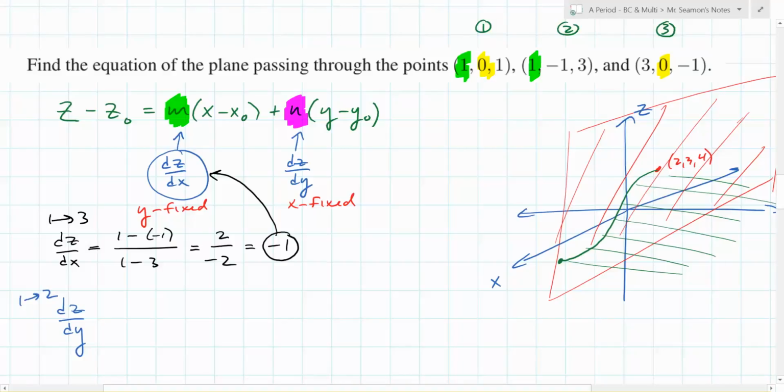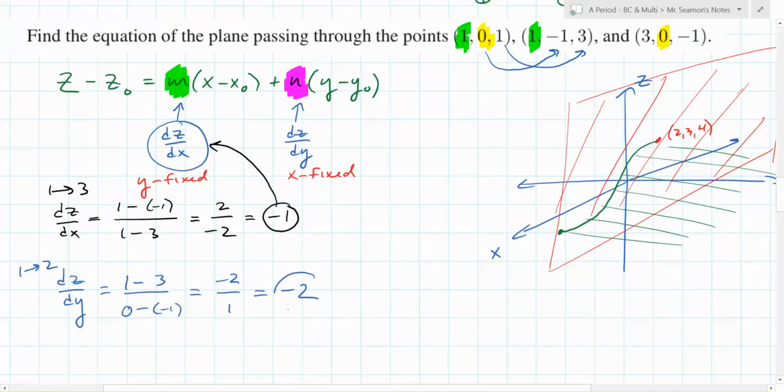So dz in this case, 1 to 2, is going to be 1 minus what? 1 minus 3 over what? It was 1 minus 3, and now it's y, so it's going to be 0 minus -1. So what's that going to be? -2 over 1 is -2, so what this right here is our dz dy.